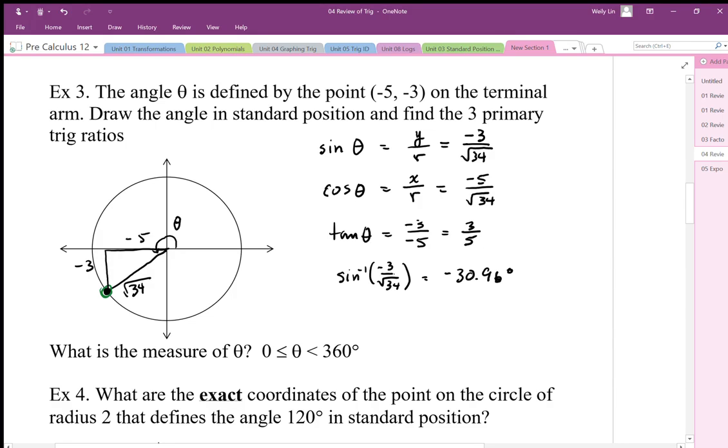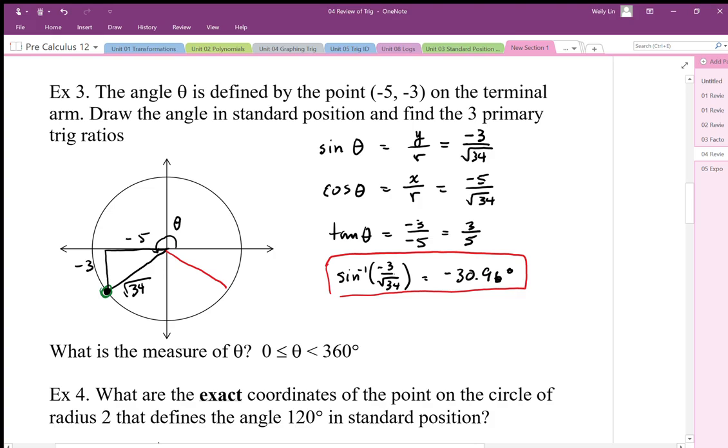It knows standard position. However, if I look at that angle, I'm in the wrong spot, because that -30.96 is in quadrant 4, not quadrant 3. So if I were to draw that angle in, this angle here, that angle is in the wrong spot.